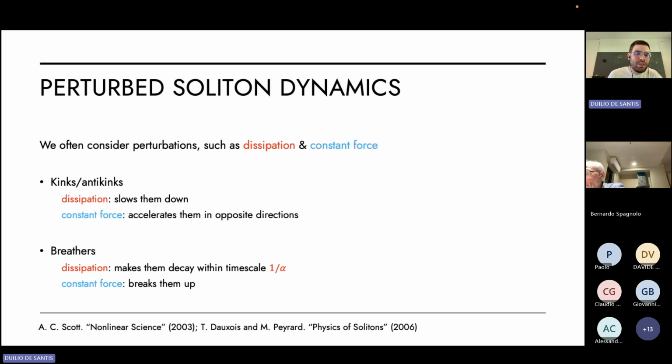Instead, when you apply a constant force, you can break up the bound state. By accelerating the kink and the anti-kink in opposite directions, this phenomenon will lead to the breakup of the breather. These are properties that can also be observed in experimental platforms, of course.